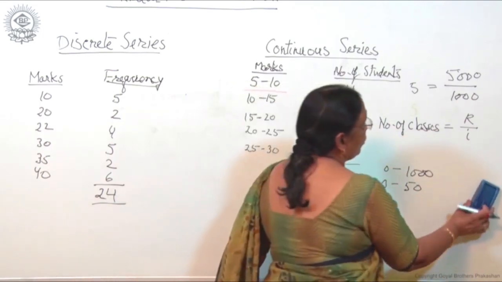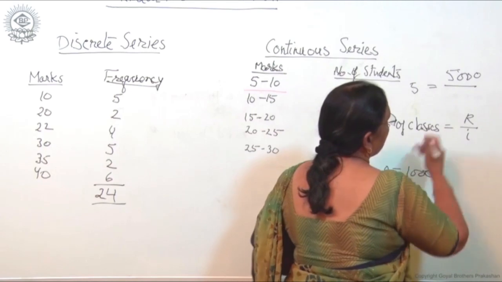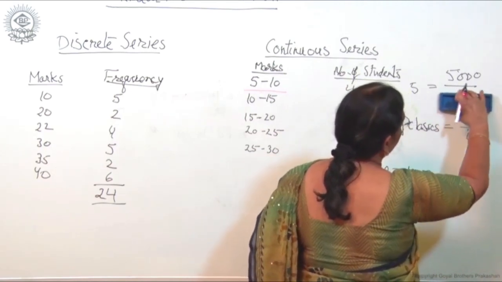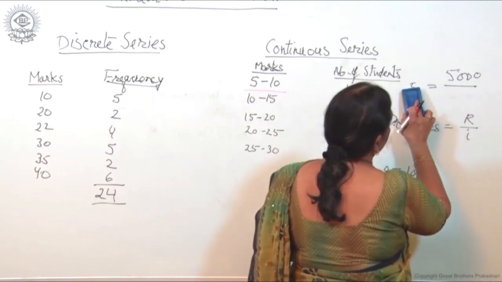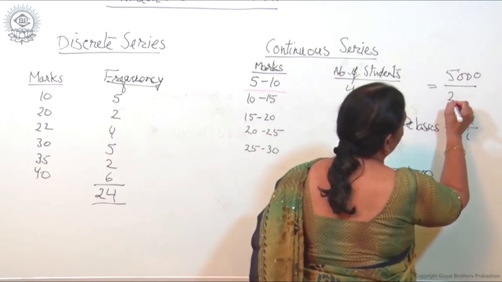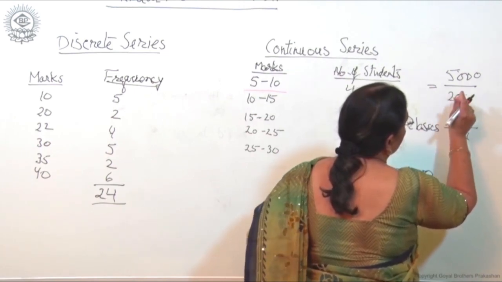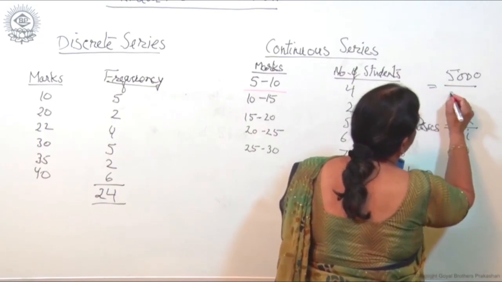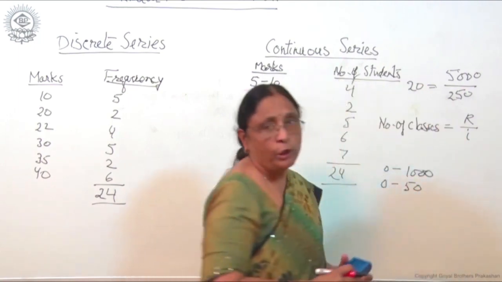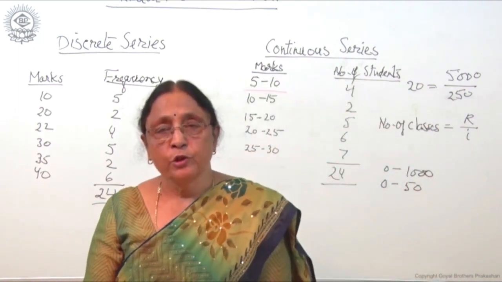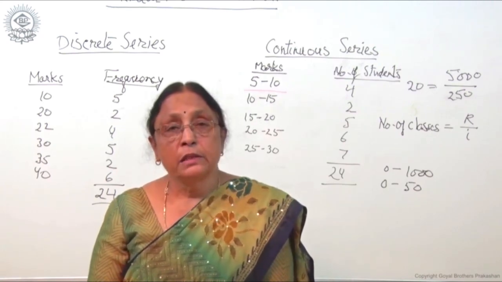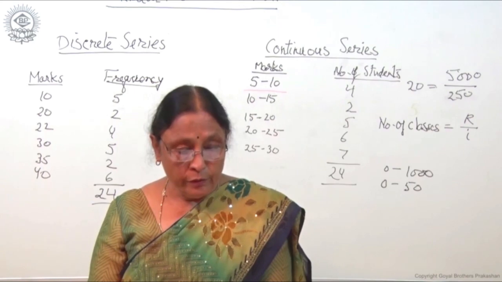Now if you want to make more than 5 classes, say 20 classes, then suppose you take the class interval of 250 for a range of 5000, you will get 20 classes. Number of classes 20 and class interval 250. So this way the classes are decided on the basis of the range.